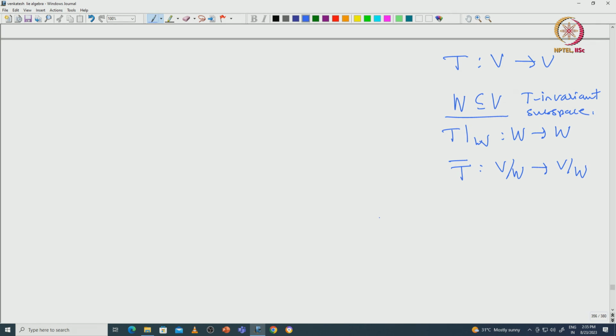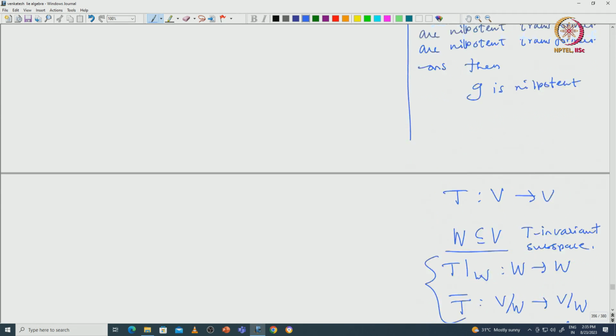If you know that these two maps are nilpotent transformations, then you can say that T is nilpotent. It is actually if and only if, so I will leave it to you to think about it. T is nilpotent if and only if T restricted to W is nilpotent and T bar is also nilpotent.